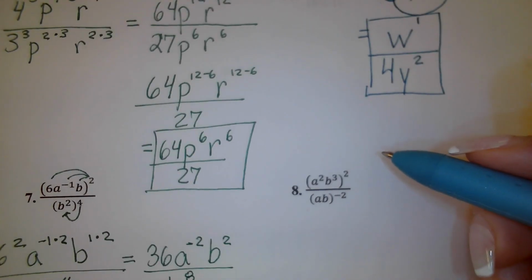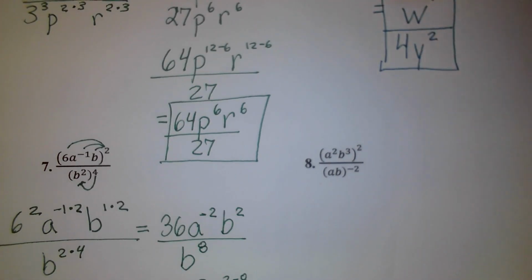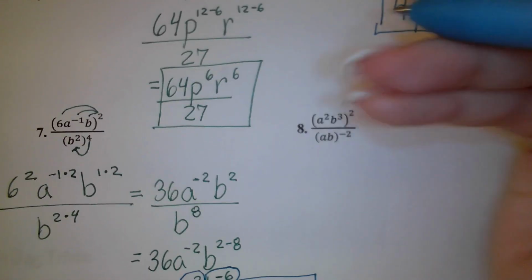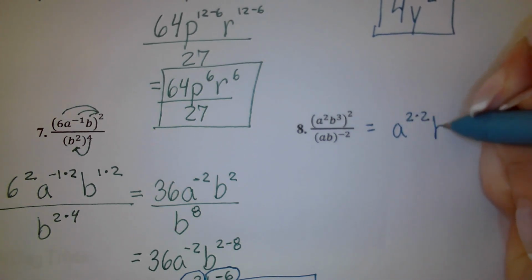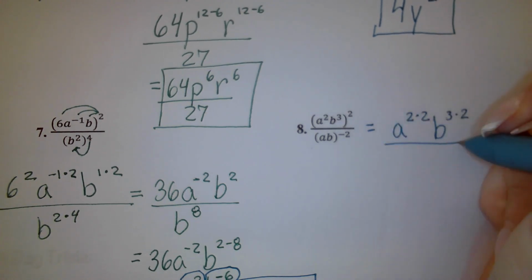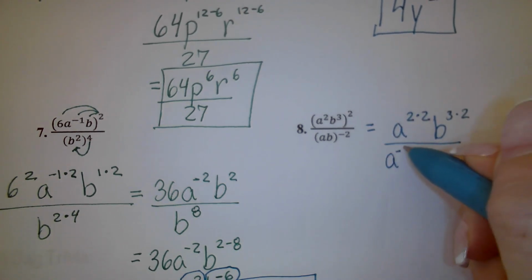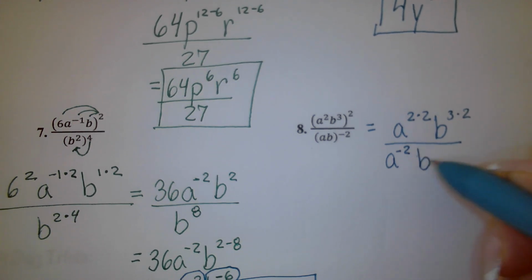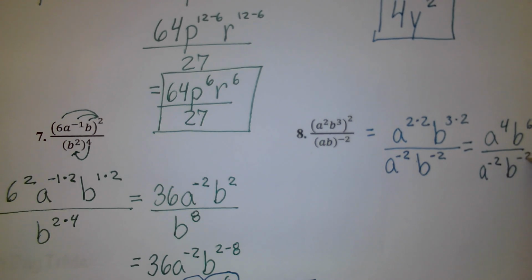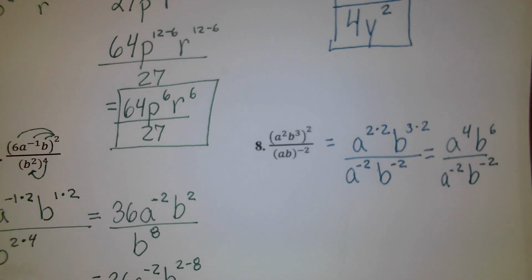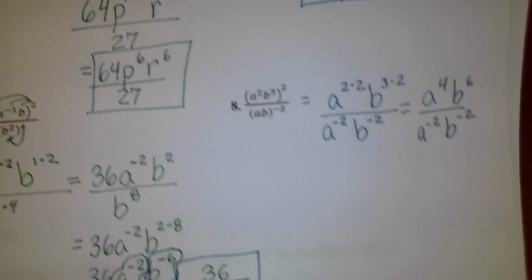Next up, we have another problem with powers on the outside of the parentheses, so we'll distribute them. This will become a to the 2 times 2, b to the 3 times 2, over a to the negative second power, b to the negative second power. So a to the 4th, b to the 6th, over a to the negative second, b to the negative second. We're not done because we still have division with matching bases, so I have some subtraction I could do.